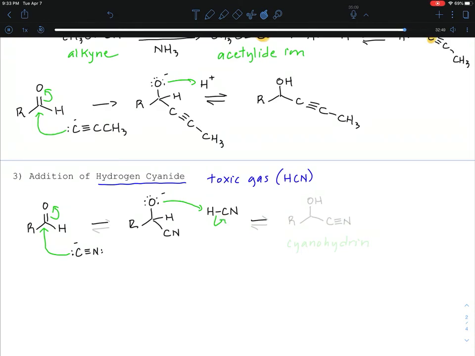And we're going to protonate that oxygen. This has a name. Sometimes you just see it as like the nitrile group, so just CN or whatever. I put the triple bond in there so you can see what it looks like. This thing is called, and now depending on what the R group is, right? But the functionality that is explicitly drawn out for you, this is a cyanohydrin.